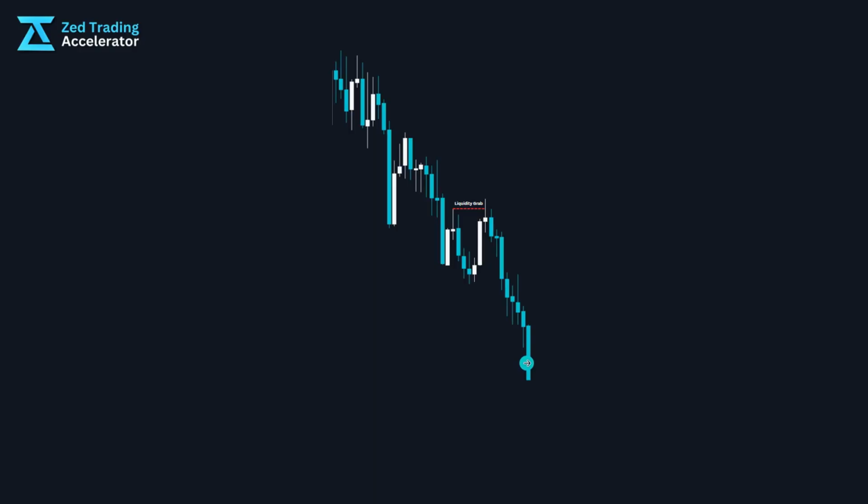So for traders who do not know the difference between a market structure shift and a liquidity grab, they might have already entered right here on this breakout, thinking the price will now reverse higher. But that's not the case at all. As we can see, the price rejected that swing high because we didn't have a candle body close or displacement higher. It was simply a liquidity grab, right?